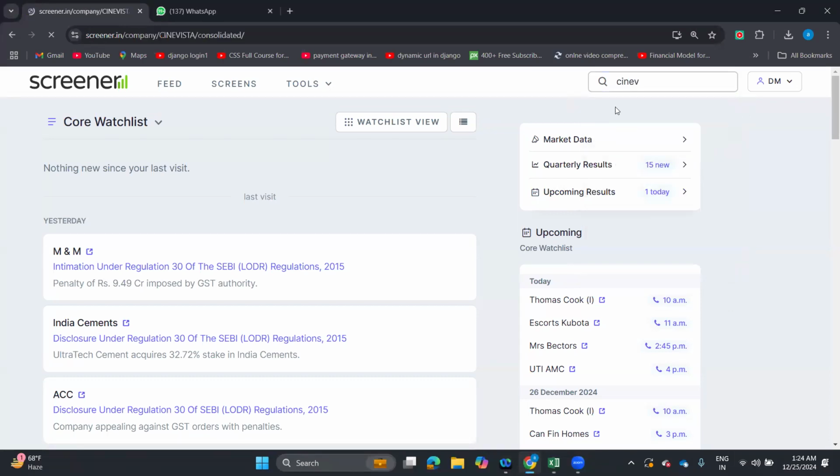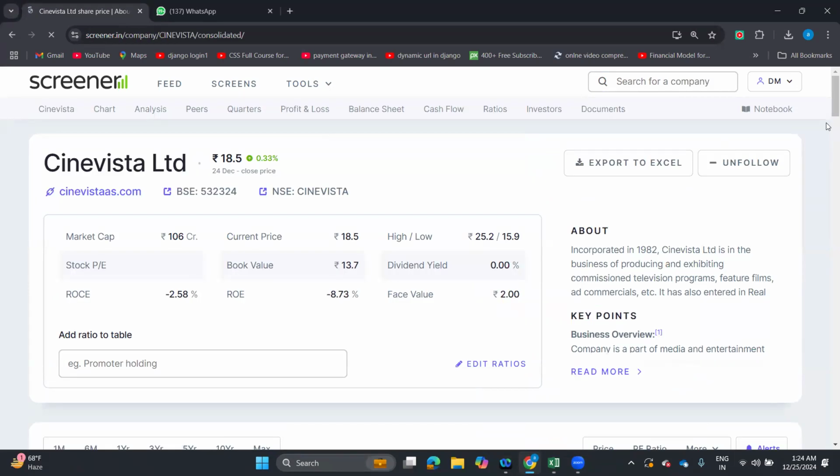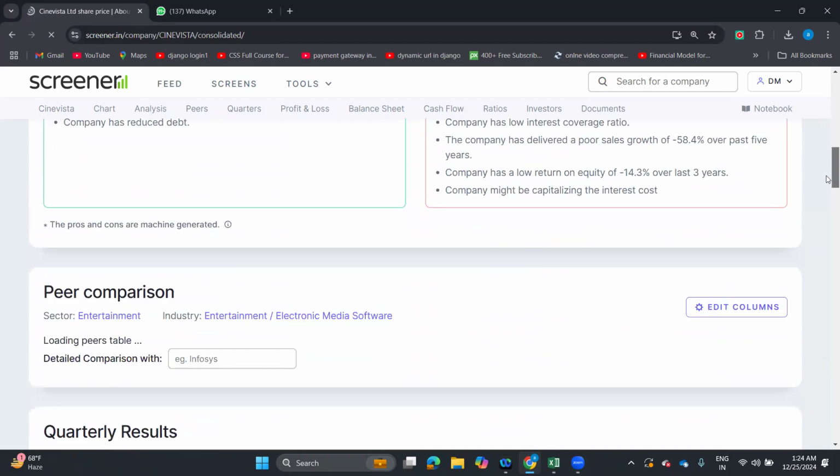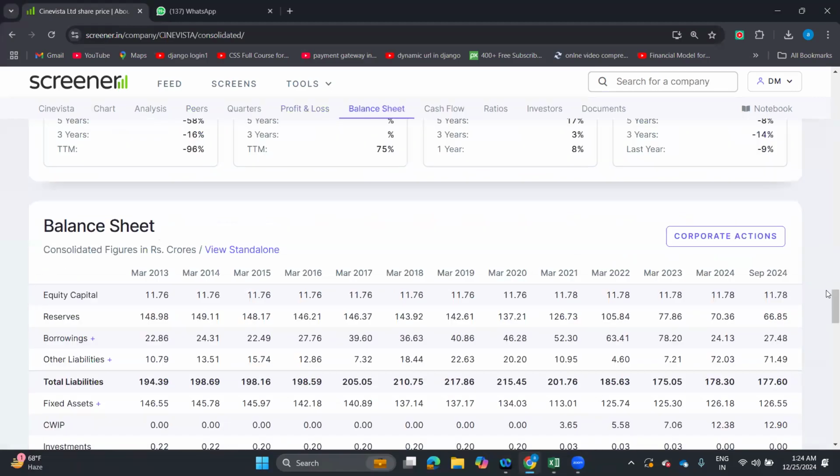Cine Vista Limited. Loss making company. How do I say this is a loss making company? PE is absent. Stock PE is absent. Yes.